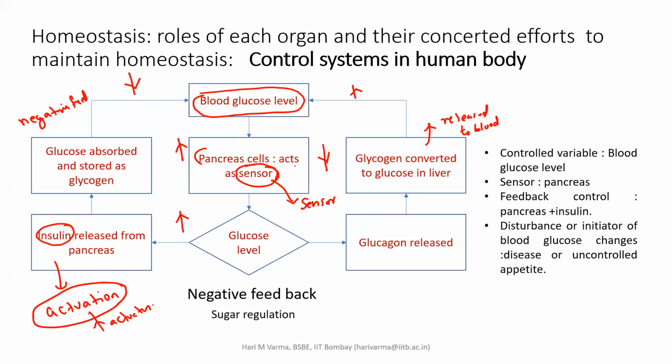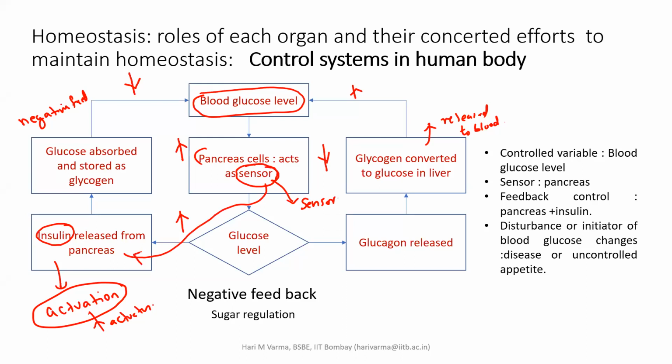Similarly, the body has its own mechanism of sensing parameters, so that if something is going away from stability, it can do a correction. So there are sensors for that. Here, this is being initiated by the pancreas cell. Once the sensor gets that data, it will activate certain things so that the correction starts happening. The sensor feeds this information to something that activates.